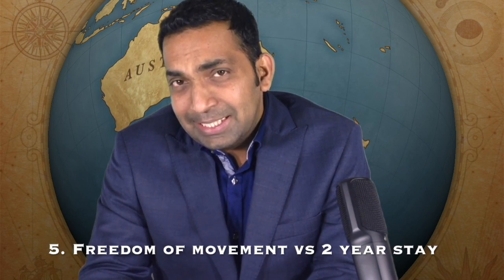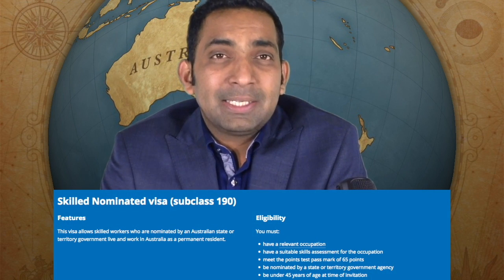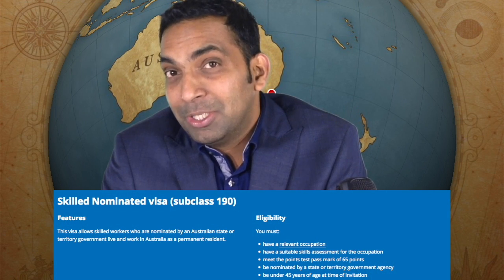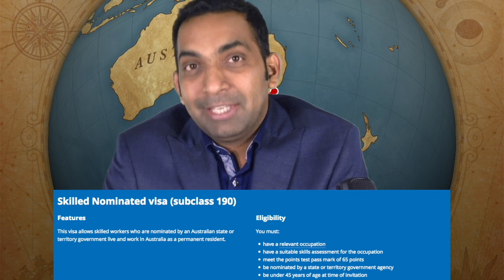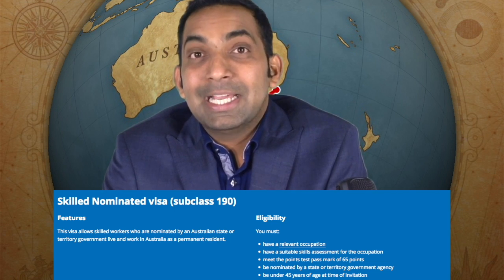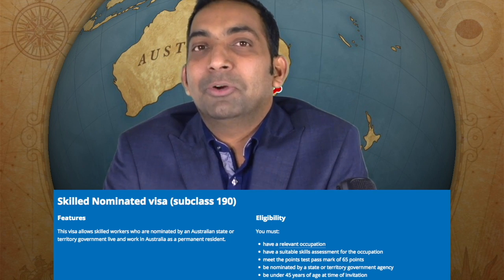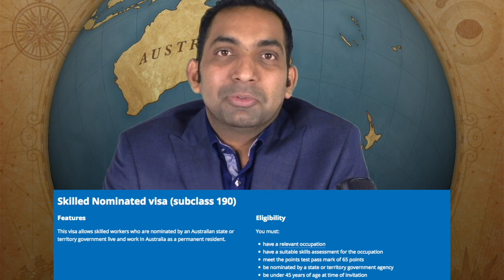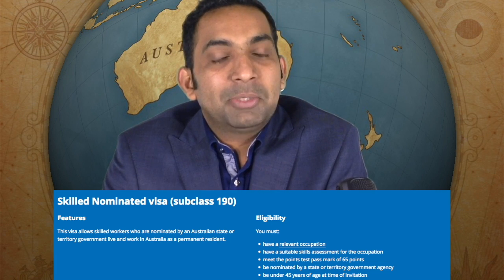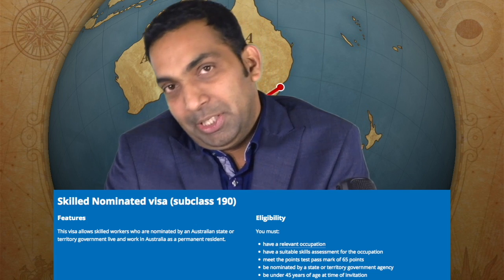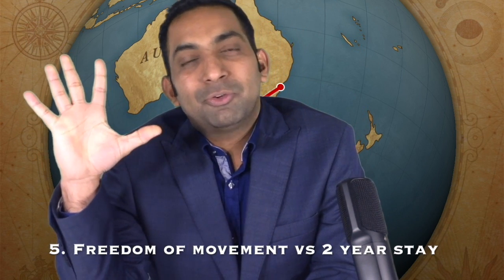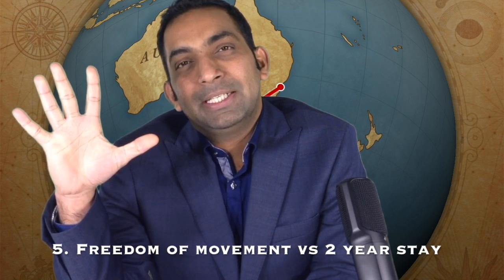Now in 190, we've got a state involvement, and the state will give you 5 points as an incentive for living there for 2 years, as a compensation to take that 5 points and be eligible for a state nomination, subsequently a visa invitation. So the fifth difference is that you've got a state involvement here.